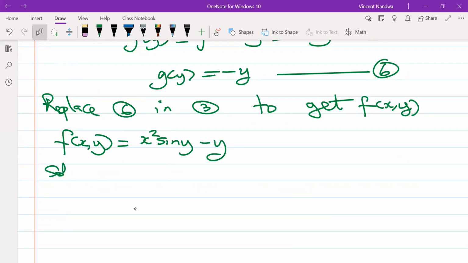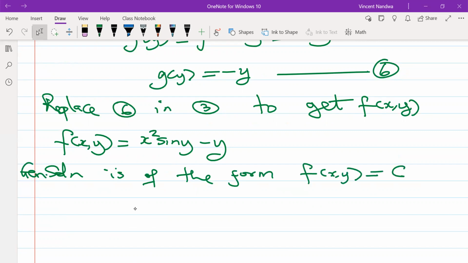So the general solution is of the form f of x, y equals c. In this case, we'll have x squared sine y minus y equals c. This is what we call the general solution of the equation.